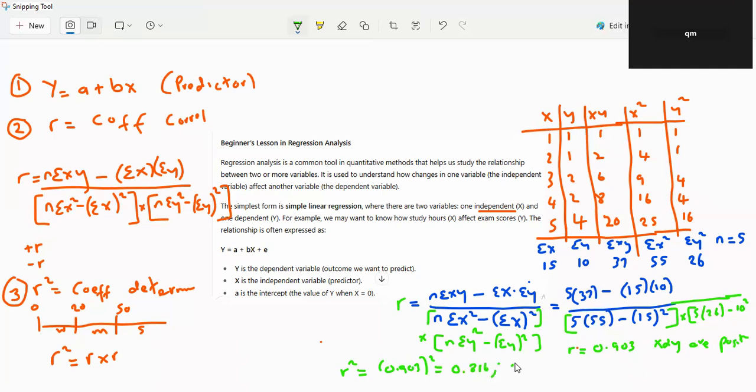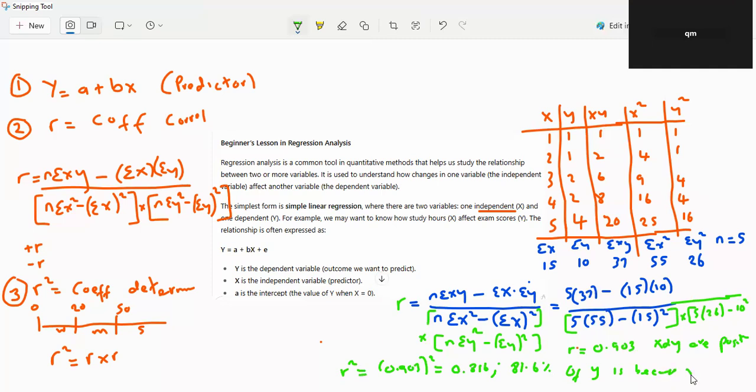This means that 81.6% of Y is because of X. 81% of the sales are because we advertised. 81% of the dependent variable is because of the independent variable. That's what we mean in short.